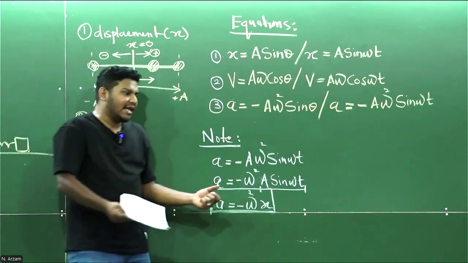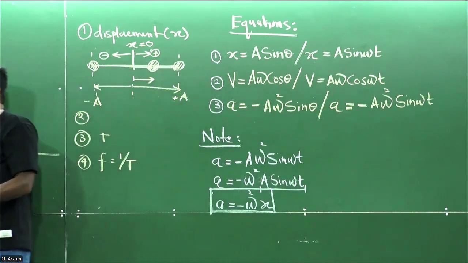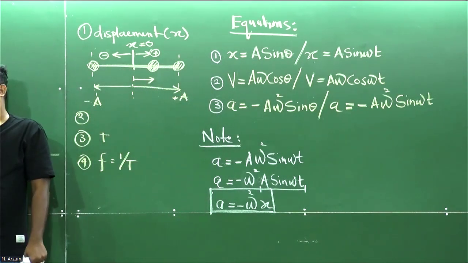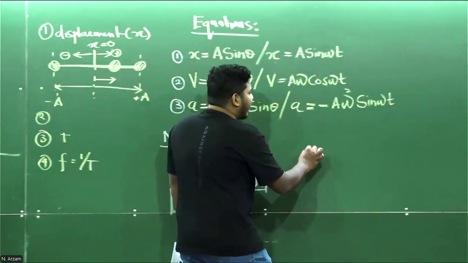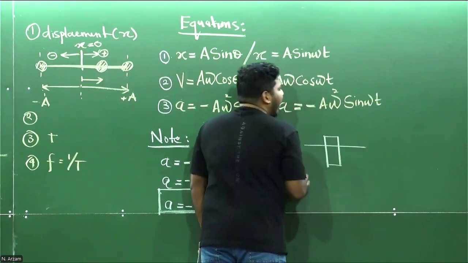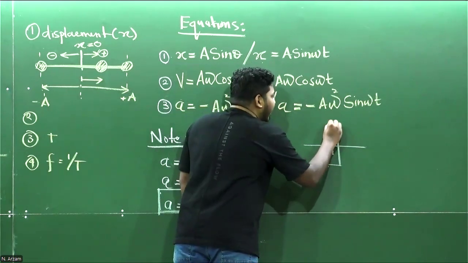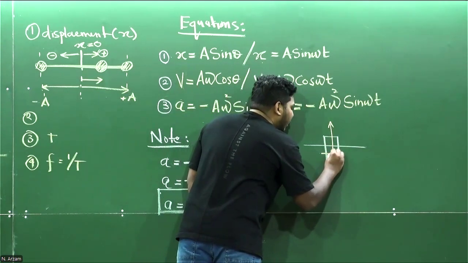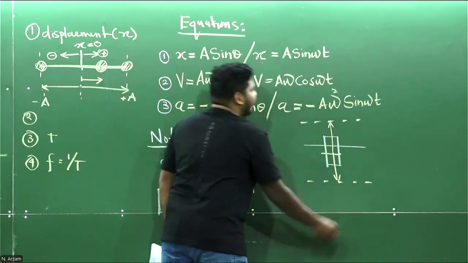They give some examples, let's say something like this. There is a water surface and a cylinder is oscillating up and down like this.